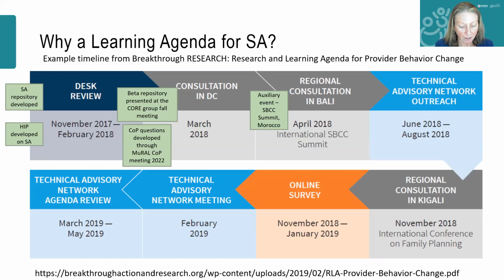And through that process, they developed some implementation research spotlights, just as the HC3 project and Breakthrough Action have developed implementation spotlights. And we're in the process of developing case studies and technical briefs related to some of the questions in these learning agendas, especially focused on fragile settings, trust, and power dynamics, which we're hearing coming out as some of the key areas that we need to focus on.